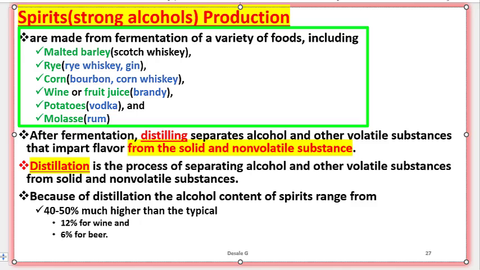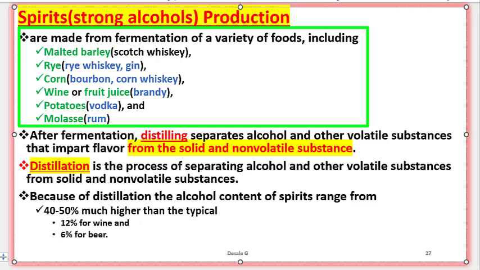That means we can produce a Scotch whiskey from malted barley, rye whiskey or gin from rye, bourbon or corn whiskey from corn, brandy from wine or fruit juice, vodka from potatoes, and rum from molasses.